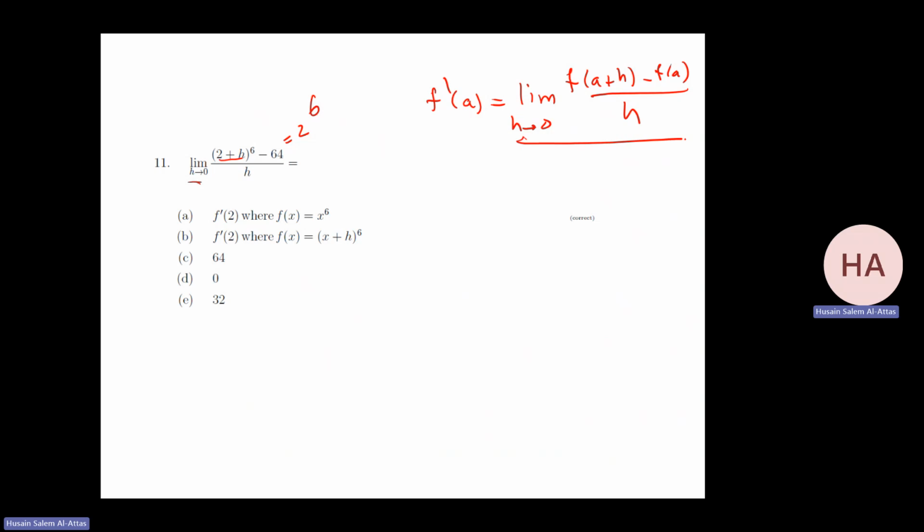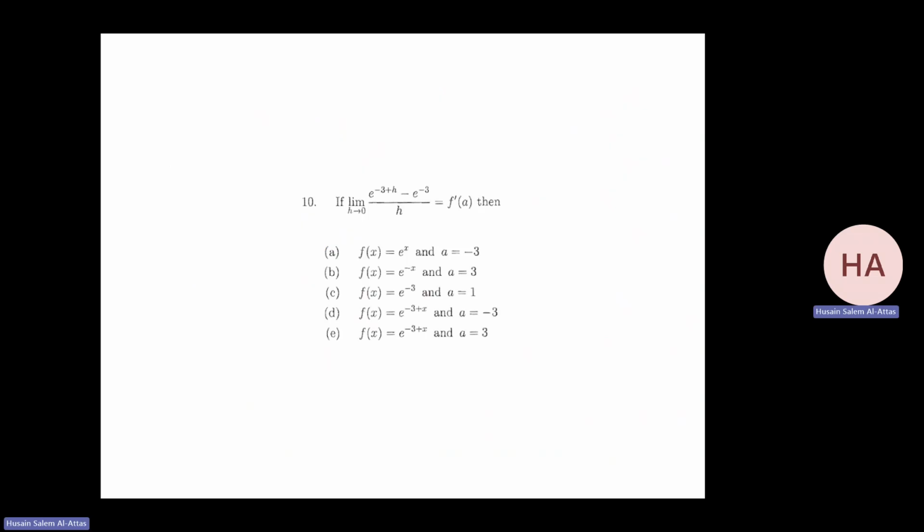So if you compare, I have f of x equal x to the power 6 and a equal 2. So this expression is f prime at a, where a equals 2 and f of x equals x to the power 6. This will be my answer.